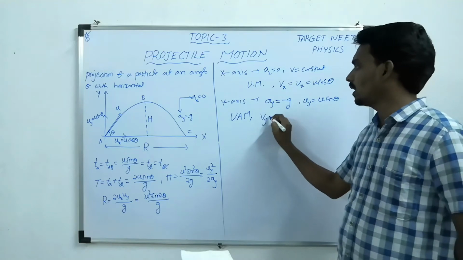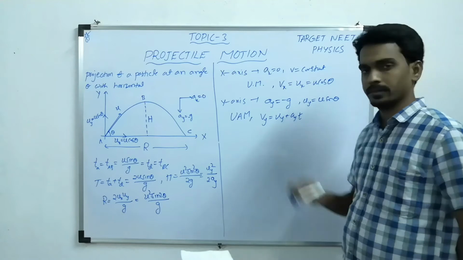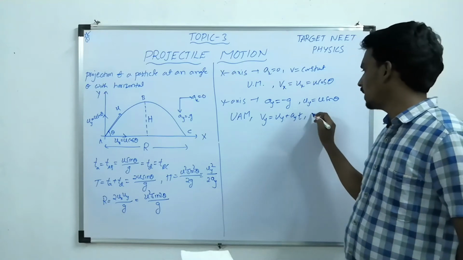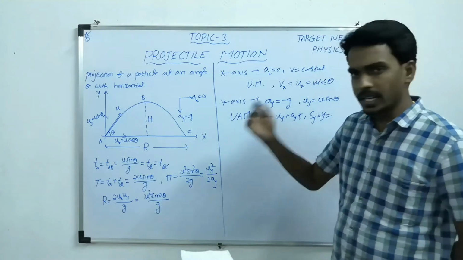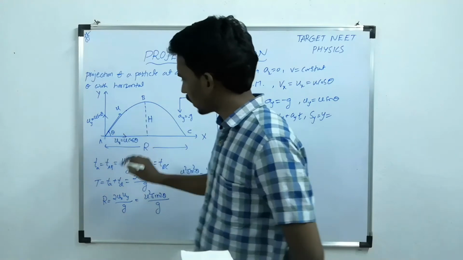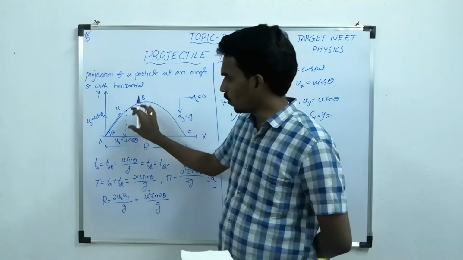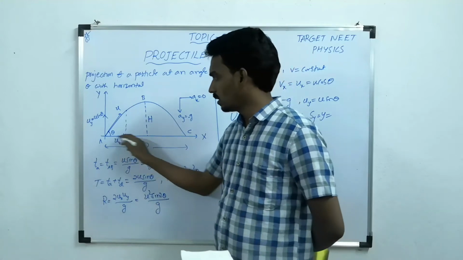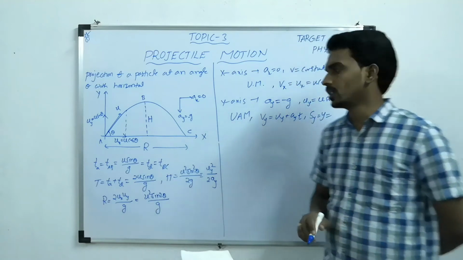Then velocity at any time will become uy plus ayt, and displacement after some time, nothing but y displacement, or at any point the height of the body, and the horizontal distance covered on the ground is called x displacement.